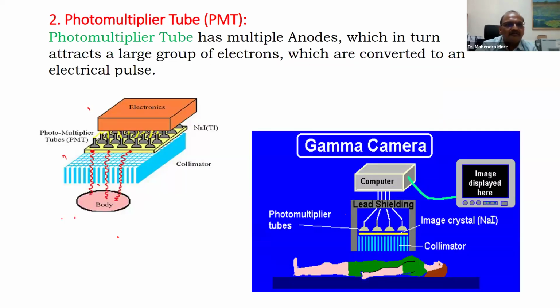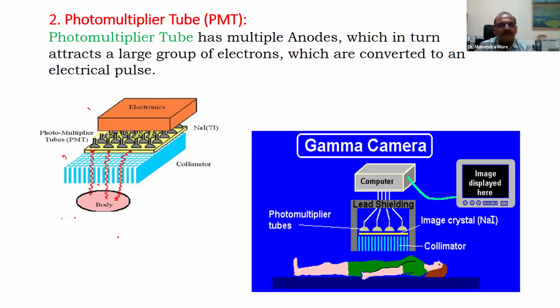In the image, you will see the photons getting emitted from the body. Those photons pass through the collimator, either low energy all-purpose or parallel hole, and directly interact with the sodium iodide crystal. At the level of the crystal, the scintillation process happens and light photons are emitted.